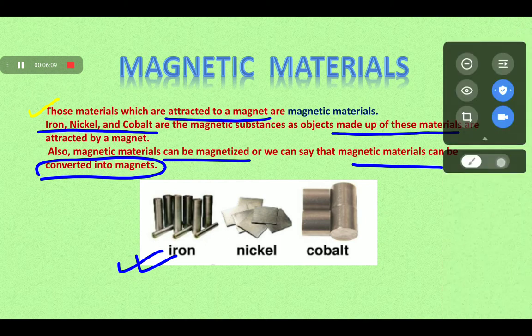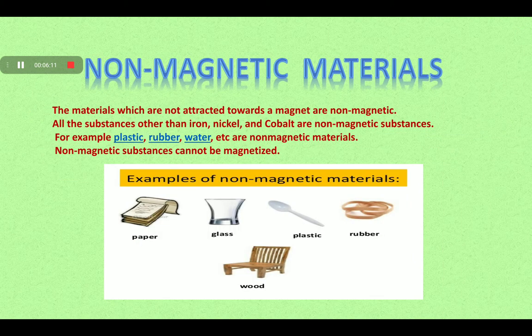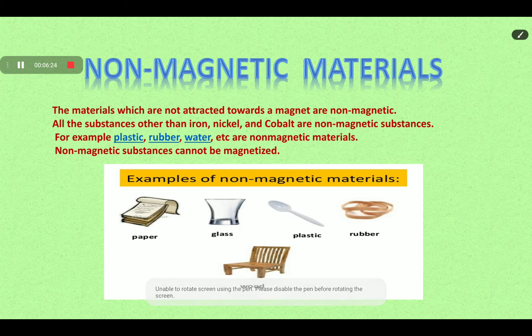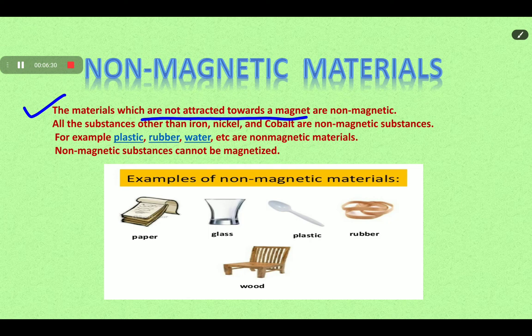Now, in the next slide, here the non-magnetic materials. Non-magnetic materials are just opposite to magnetic materials. So, the materials which are not attracted towards a magnet are called non-magnetic materials. But what are the materials that are not attracted to a magnet?